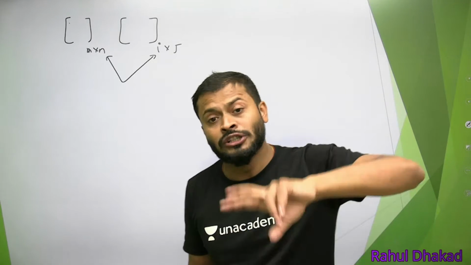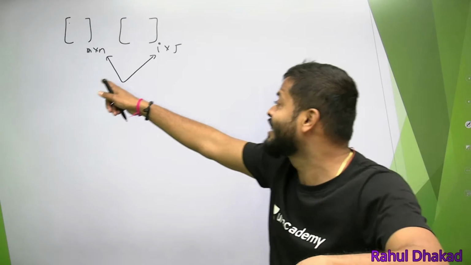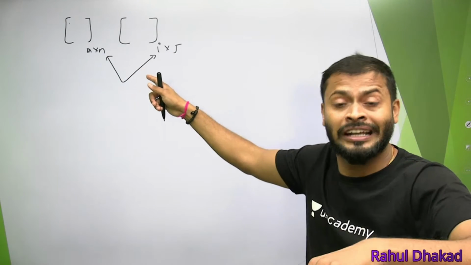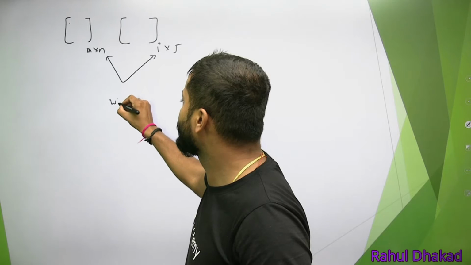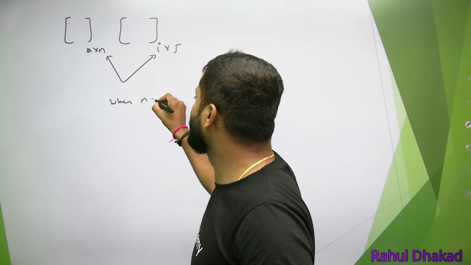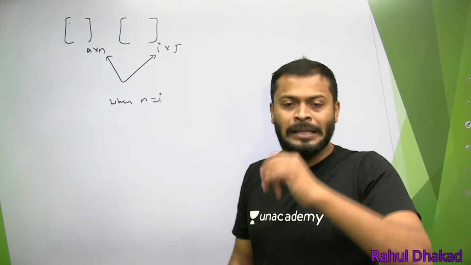Are you getting my point? So the number of columns of the first matrix and the number of rows of the second matrix should be equal. And when n is equal to i, then two matrices can be multiplied.